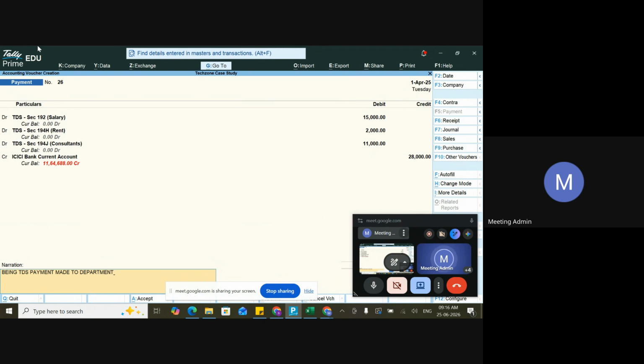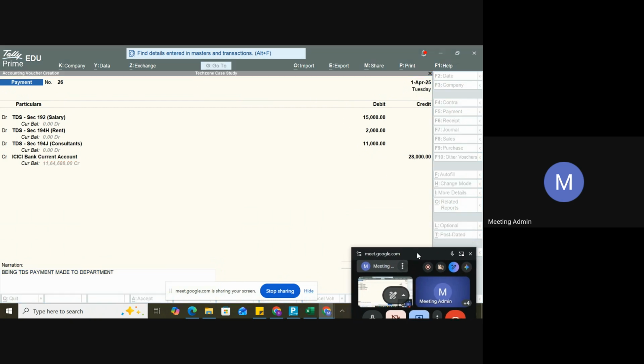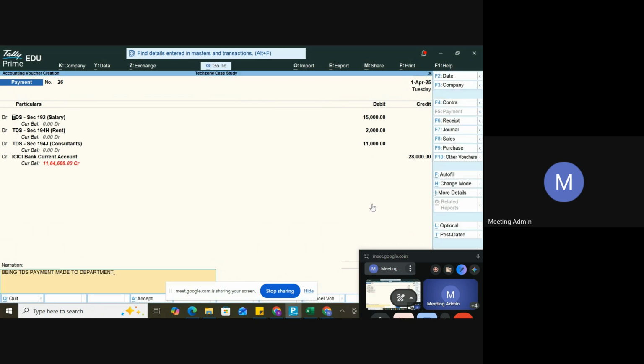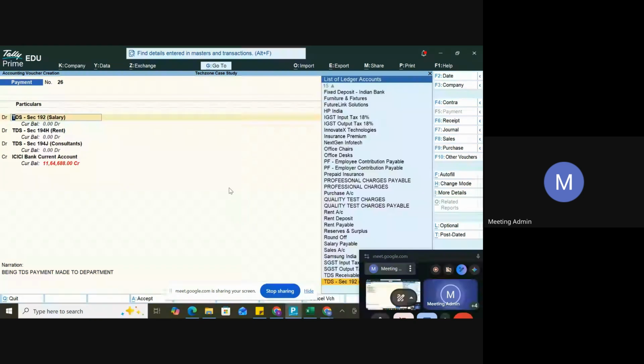Being TDS payment made to department. Clear how to do this entry? Doing, ma'am. This we have to pay to the department, right?